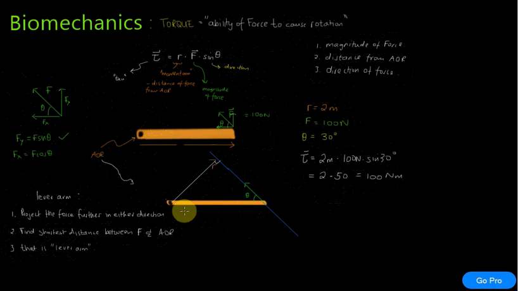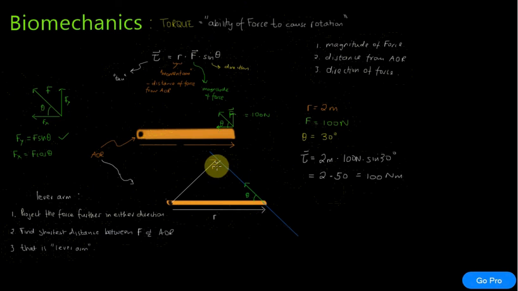Okay, so what we've already established is that this is R, the distance or length from the axis of rotation to force application. Since this is my angle of force application, the effective lever arm length is this length over here. So this is in effect a right-angled triangle.